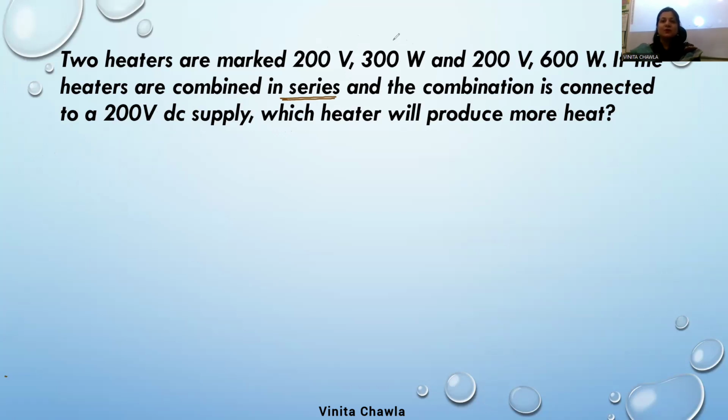So let's write this as V, this as V, this is P1 and this is P2. Okay, so we can find resistance of both the heaters first.